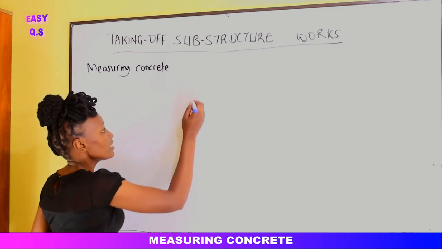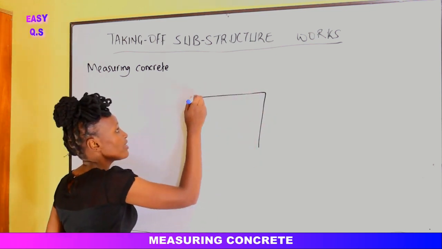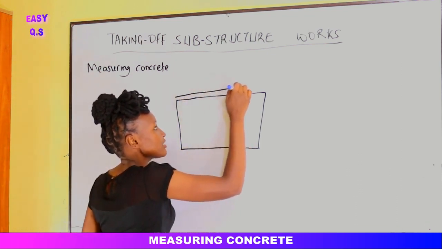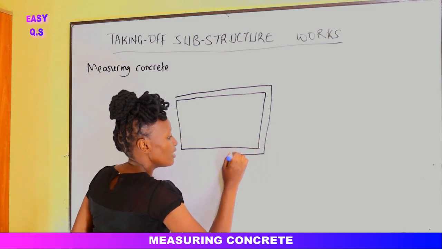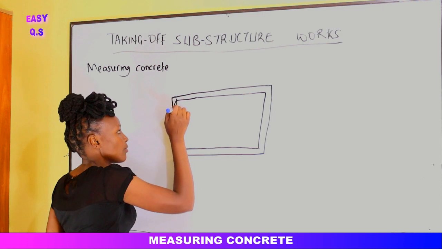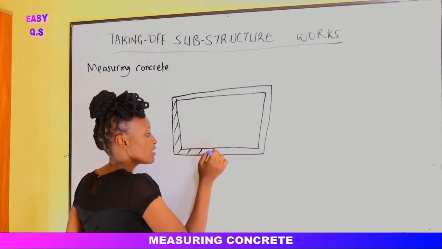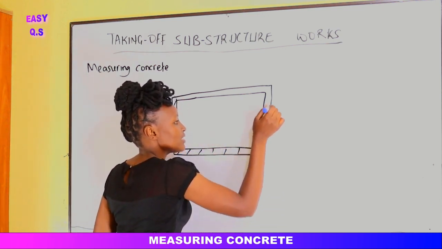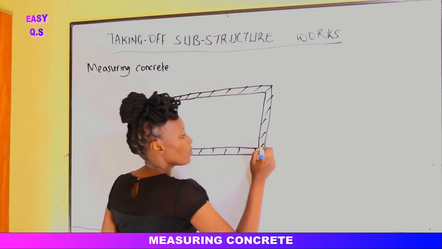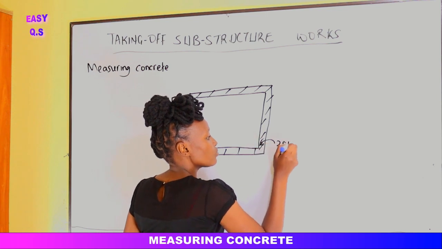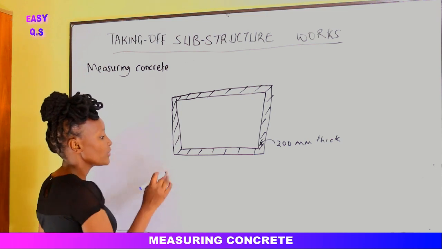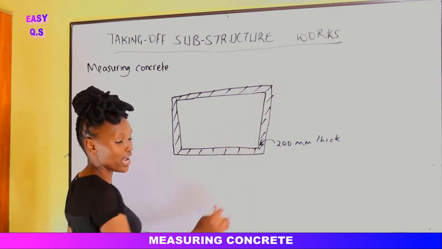If you have a house here and the house is rectangular, assuming this is our house, these are the walls, and the walls are 200 millimeters thick, and this is the length of the house and the width of the house.